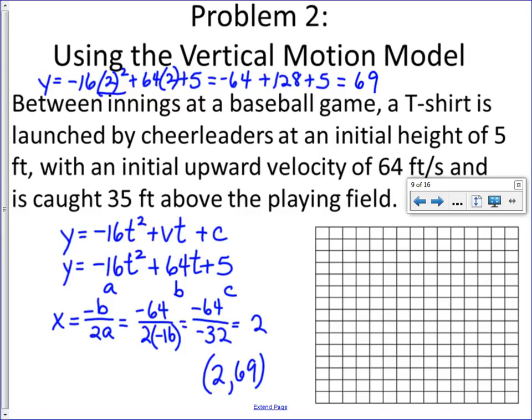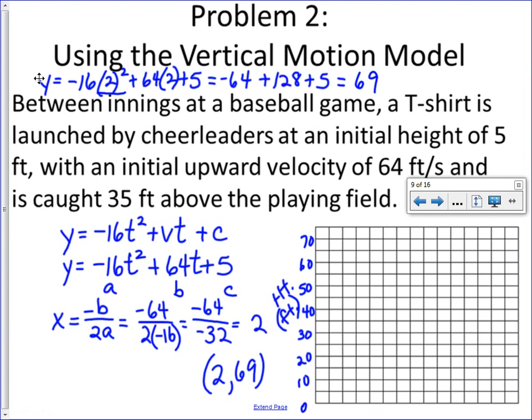So on our graph, we're going to put our height on the y-axis, which will be in feet. And let's see, 10, 20, 30, 40, 50, 60, 70. All right, so I'm going to go by tens on my graph. Make sure that you evenly space those.